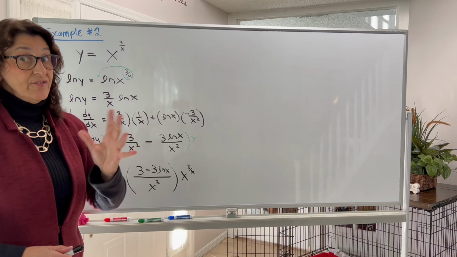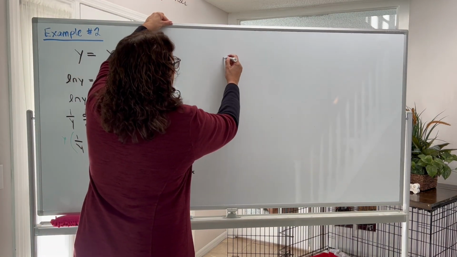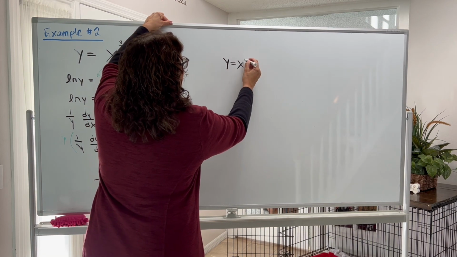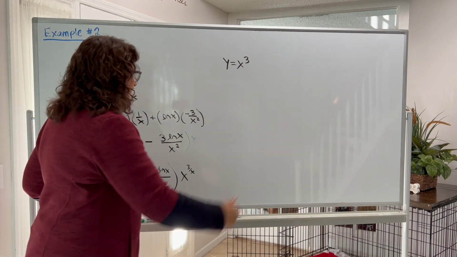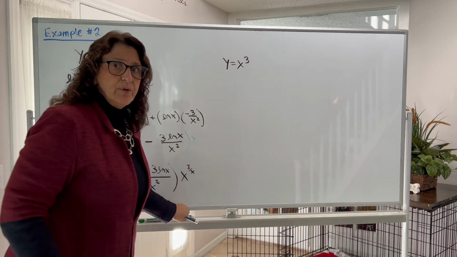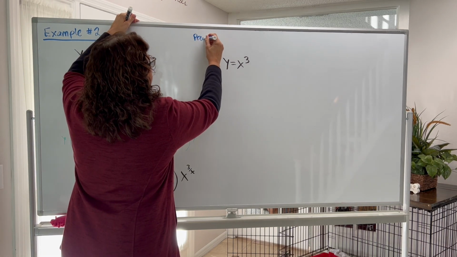As opposed to, let's take a look at the other two rules. What if you had y equals x to the 3rd power? We want the derivative of x to the 3rd. If you have a variable base and a number for the exponent, we can just use our power rule. Do you remember what that power rule was?